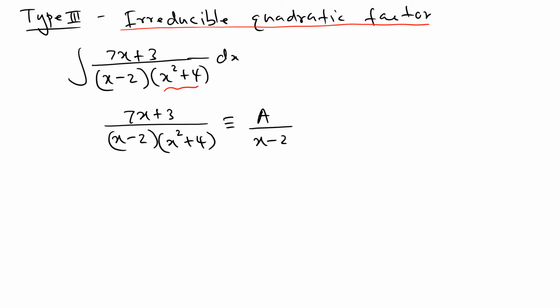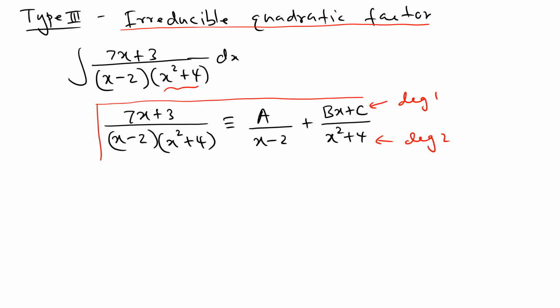We always do the easy one first, and then you write this x squared plus 4, which is a degree 2 polynomial. So the numerator has to be degree 1 less. That means this has to be degree 1, so it has to be bx plus c. We have to remember that when you have an irreducible factor, the numerator has to be of this format. So that's the third type.